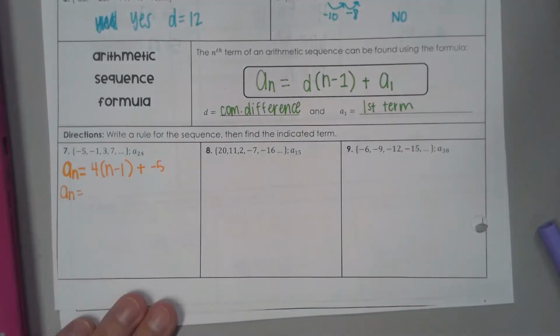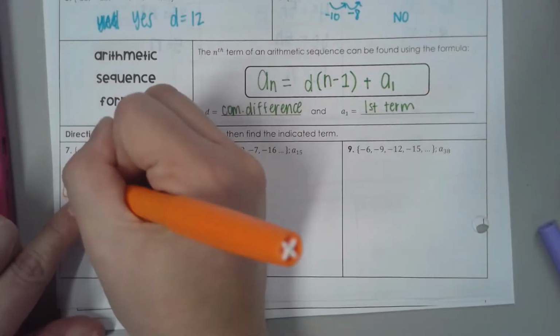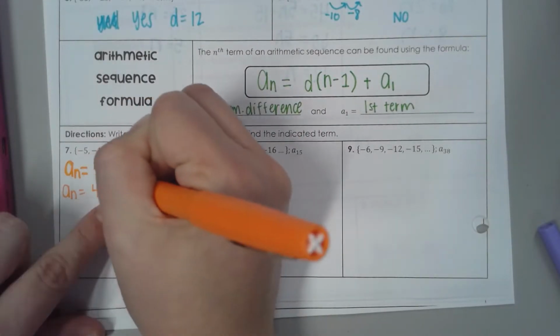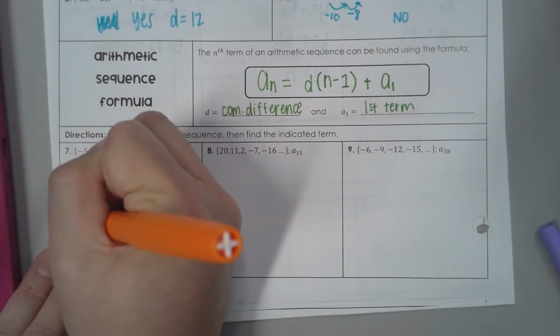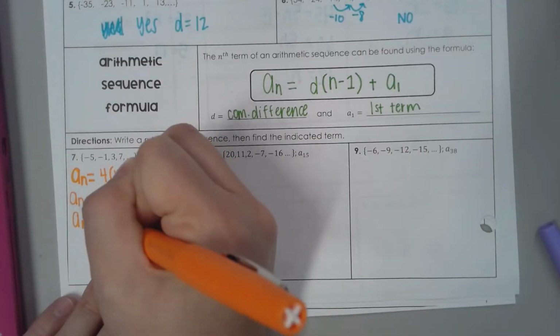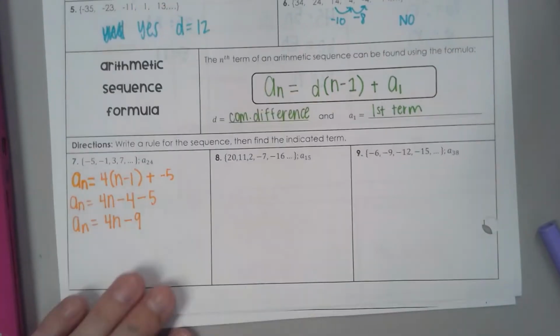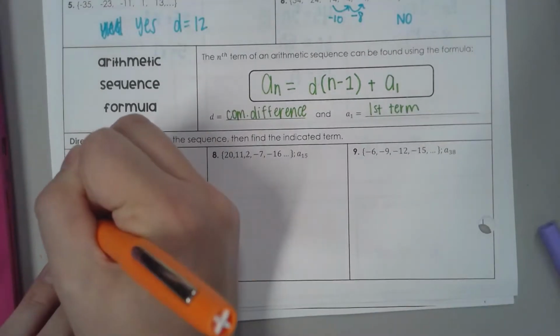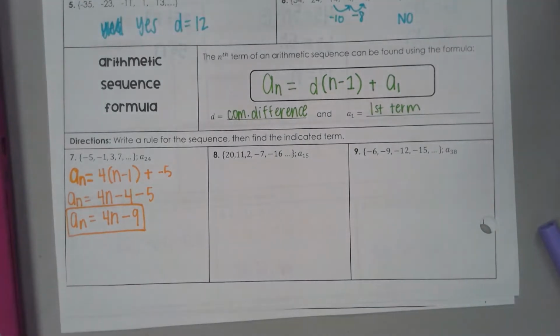Now we have to simplify, meaning we have to distribute and then combine like terms. So 4n minus 4 minus 5. Do we have to write our a like that, or can we use the capital? You can use a capital, it's fine. 4n minus 9. So this is the formula that will give us any term that we want.